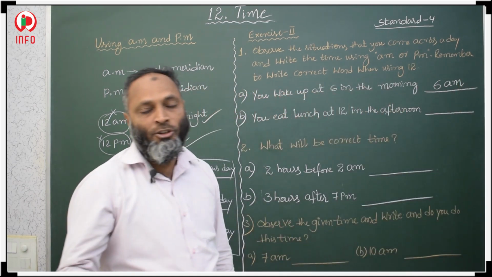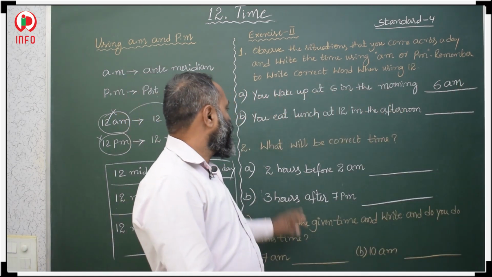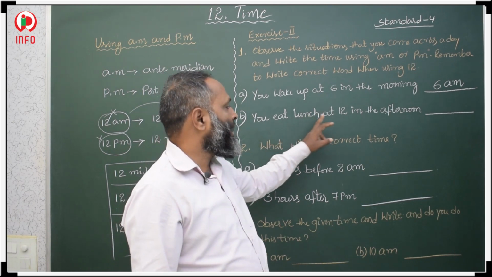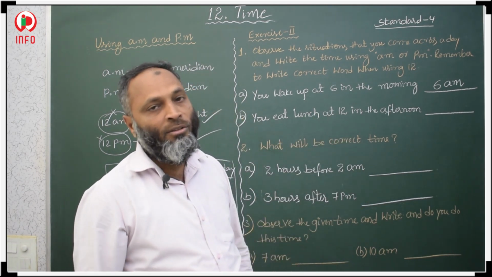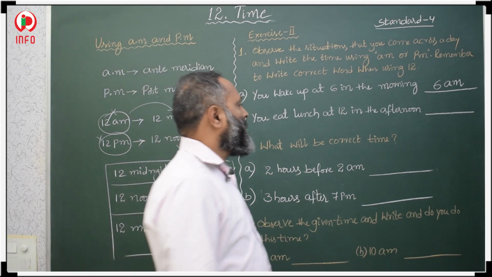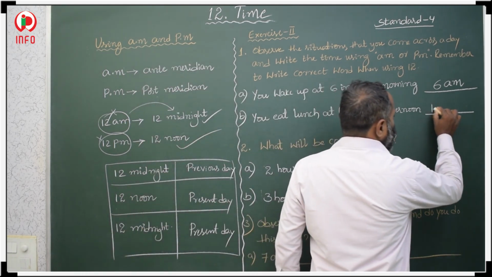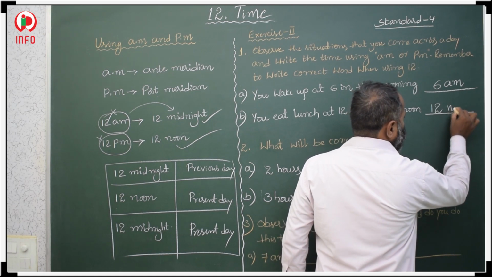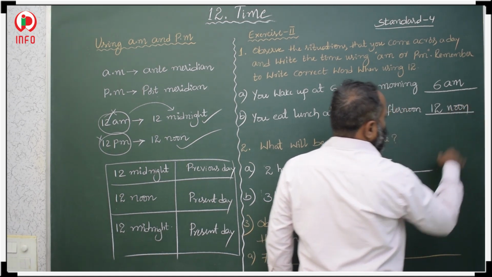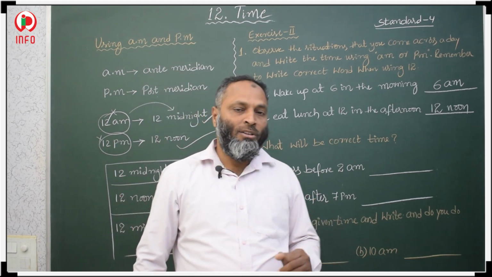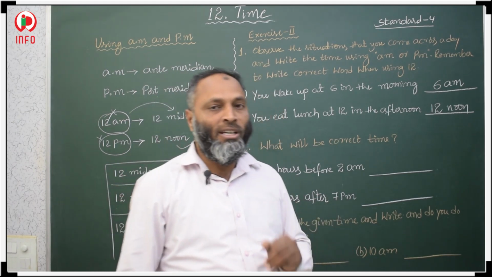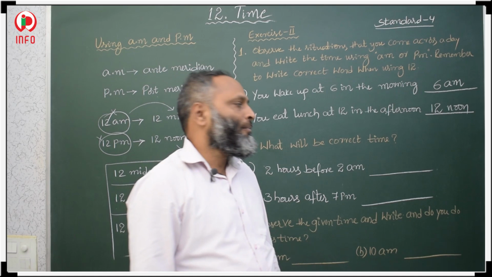You eat lunch at 12 in the afternoon. 12 in the afternoon means 12 noon, which is the correct answer. Don't write PM when 12 is there; just write 12 noon.